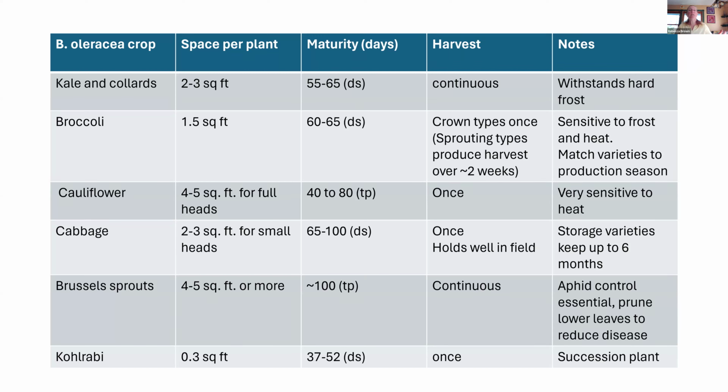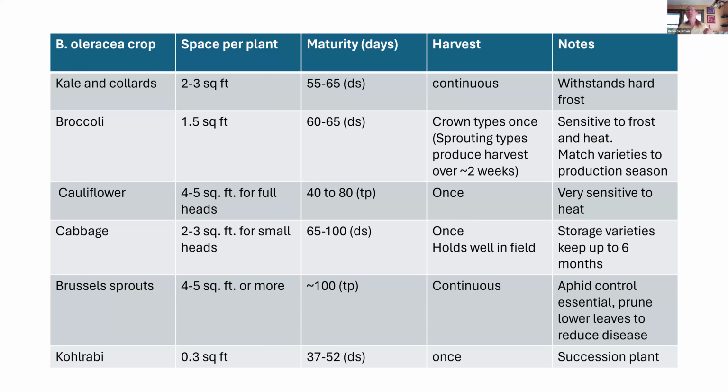In contrast, Brussels sprouts is 100 days or more from transplant to maturity. So it's going to be in position all summer. And Brussels sprouts plants get very large. They need 4 to 5 square feet per plant or more.